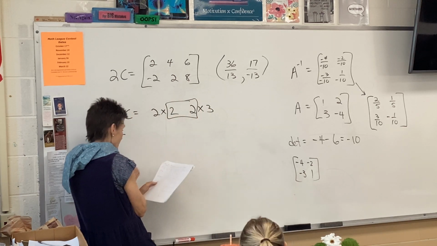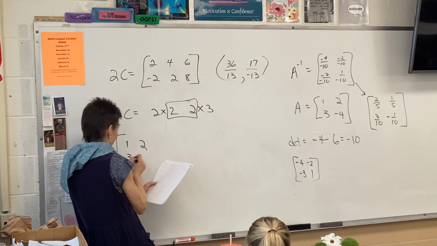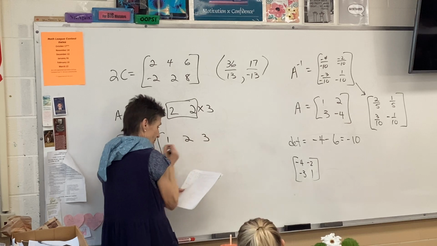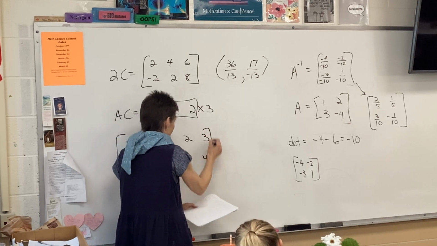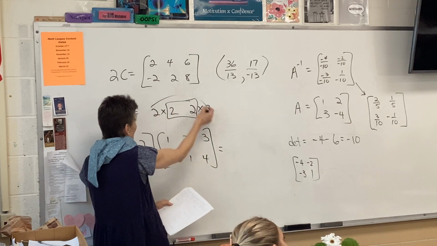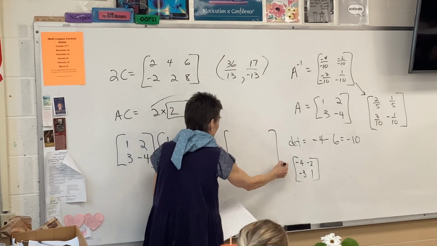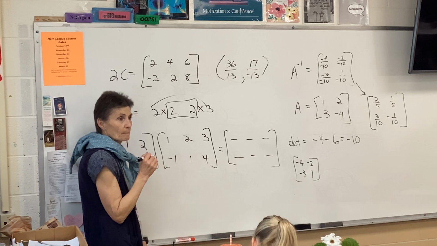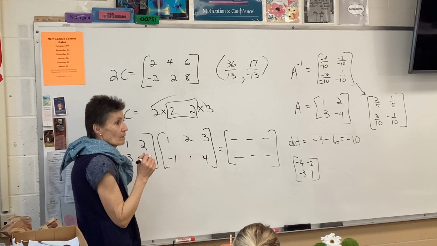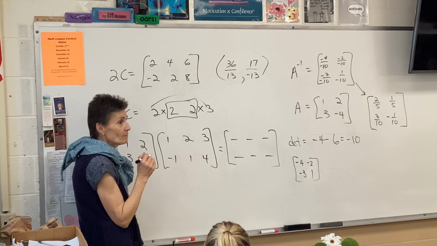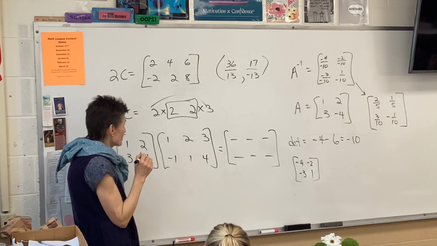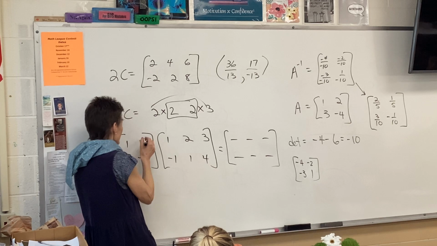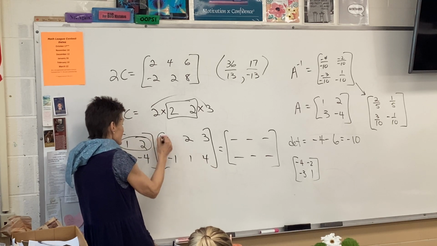So A times C, and the answer will be another 2 by 3. Everybody keeping up here? Okay, so now I'm gonna start multiplying, and remember when I multiply, it's row times column.